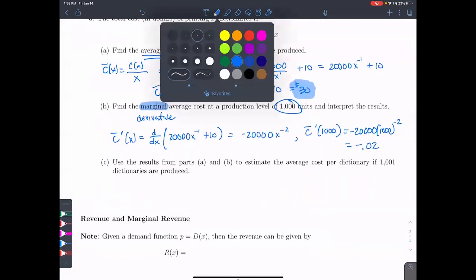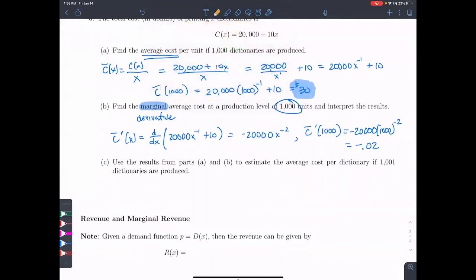So I'm going to try to write this in words. The rate of change of cost per unit at 1,000 units is -0.02.